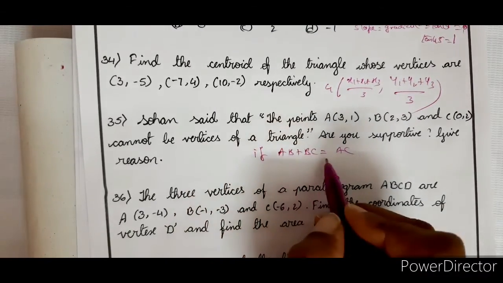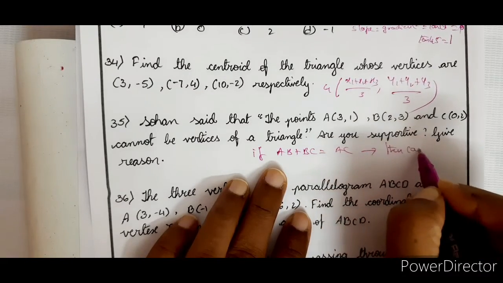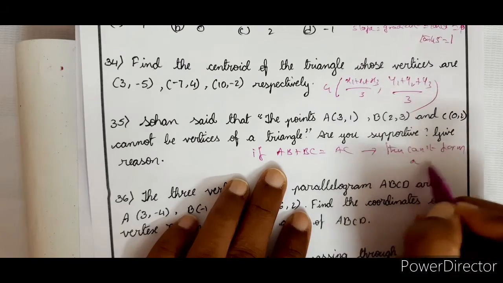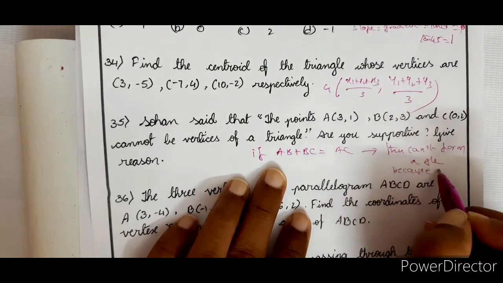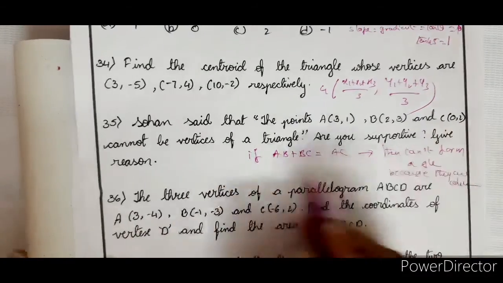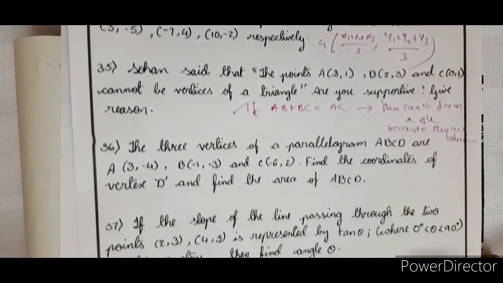If AB plus BC is equal to AC, then it cannot form a triangle, because they are collinear. If not, then they can form a triangle. Use the collinearity principle and do this one.